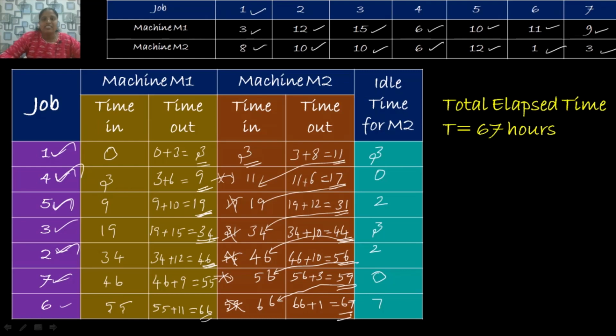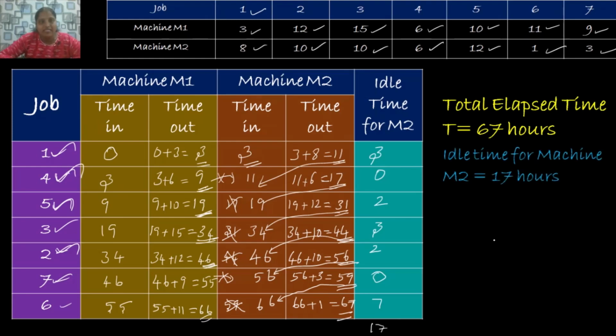Now at 67 hours the processing time for all jobs is complete. So this is the idle time for machine M2. Adding all these values we get 3, 5, 10, 17 hours. So the idle time for machine M2 is 17 hours.